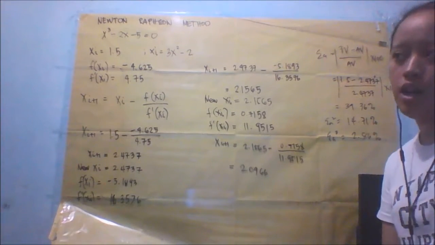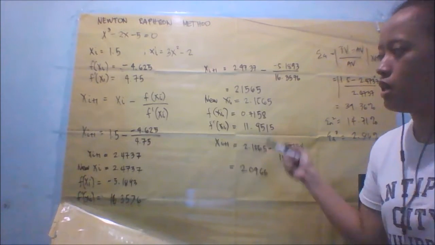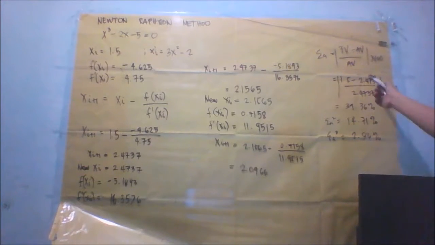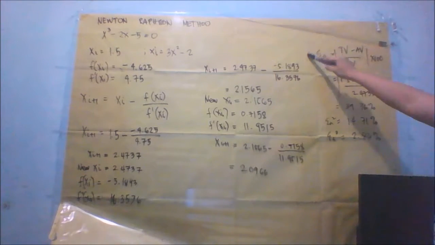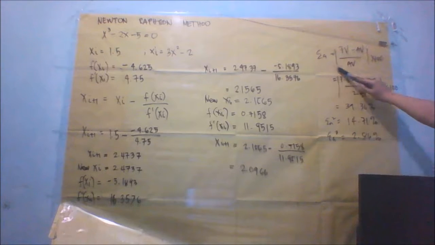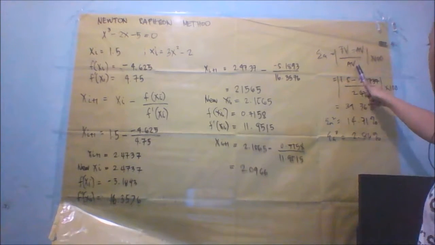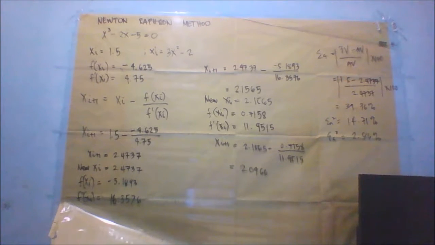So we will solve our error so that we will know if our assumption is close to the true value. Our formula for solving the error is true value minus approximate value over approximate value multiplied by 100.